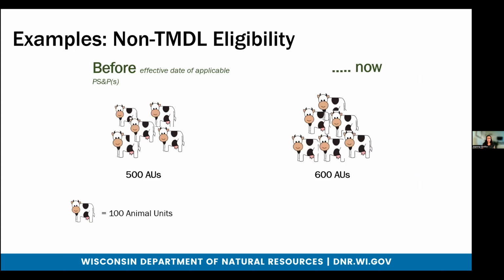All right, so now I'm going to go into another example subset of eligibility. In this first example, we have a livestock facility that's been in existence since before the effective date of the performance standard addressed by the project. And during the time since the performance standard went into effect, the facility expanded from 500 to 600 animal units.